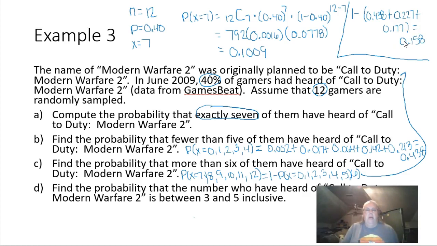All right, part D down here: find the probability that the number who have heard of Call of Duty Modern Warfare 2 is between 3 and 5 inclusive. So we're looking at the probability that x is equal to 3 or 4 or 5. Well, actually, I already have all these up here, don't I? So x equals 3, this was 0.142.